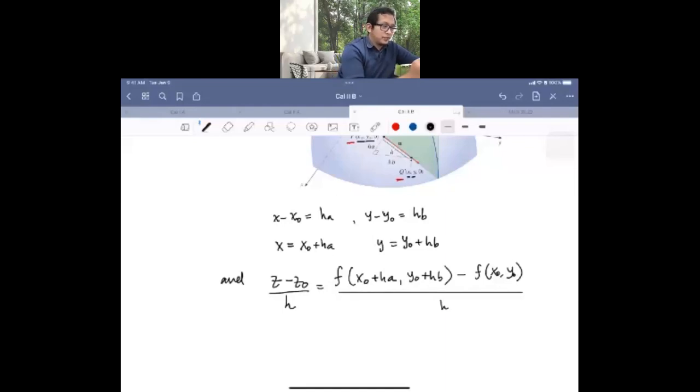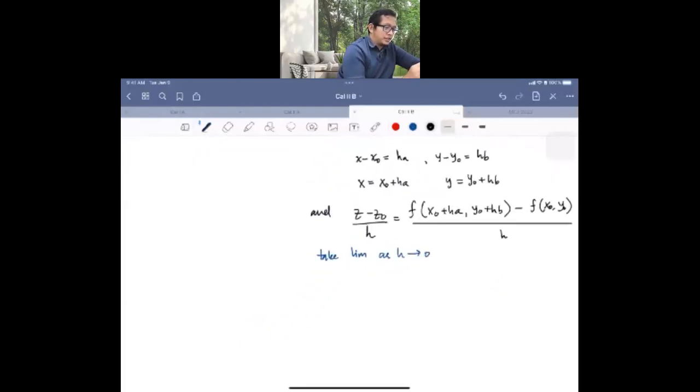If we take the limit as h goes to 0, we will obtain the rate of change of z in the direction of u. So this takes us to the definition of the directional derivative.